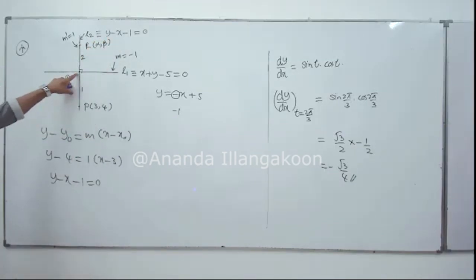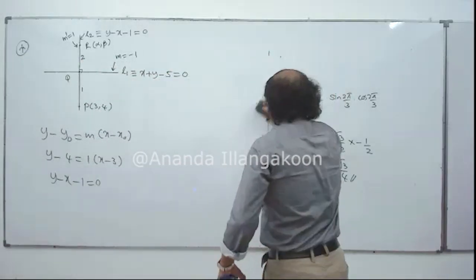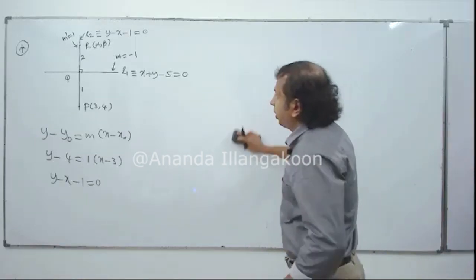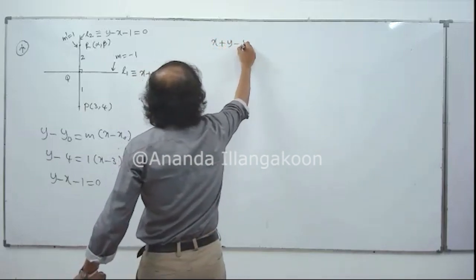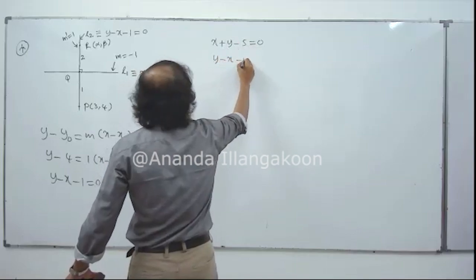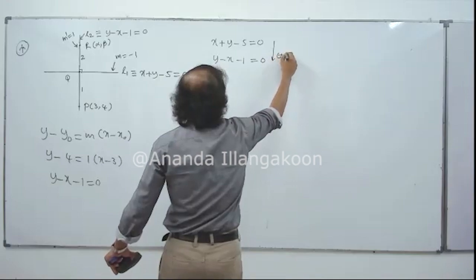Before that, I am going to find this point Q. Point Q can easily be found by solving these two equations, L1 and L2. x plus y minus 5 equals 0. The other one, x minus y plus 1 equals 0. When you add them up, what happens?